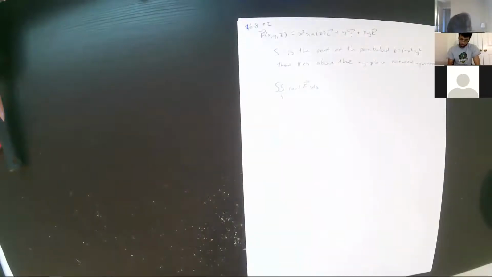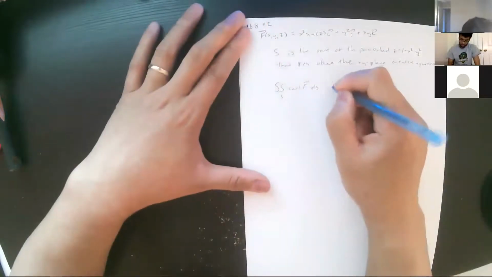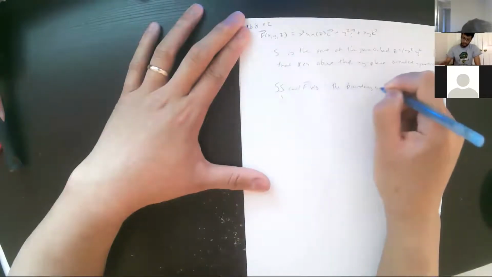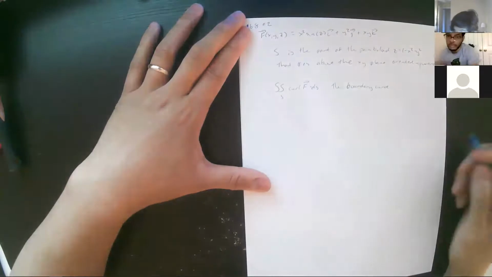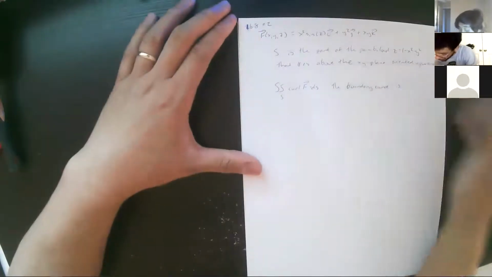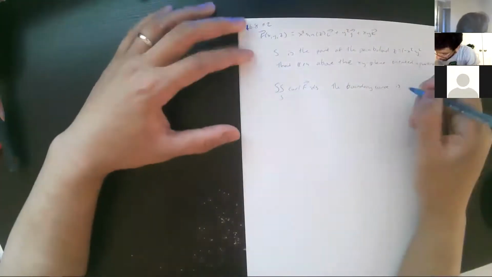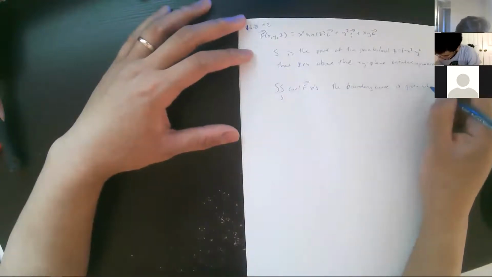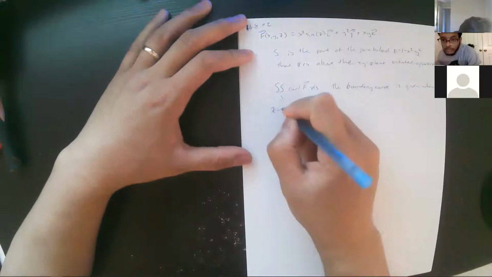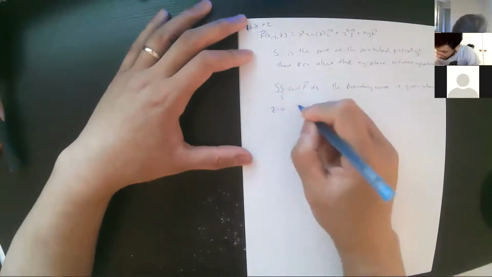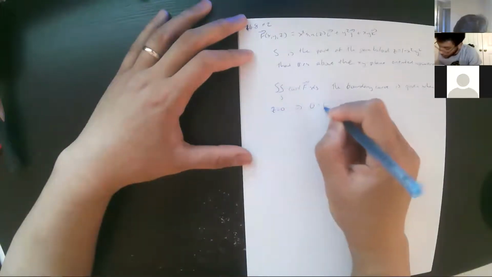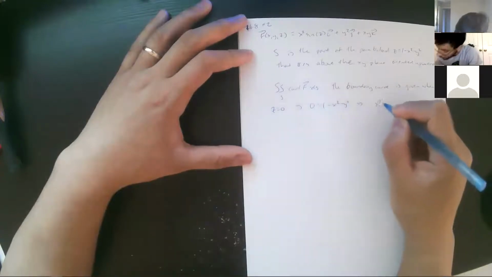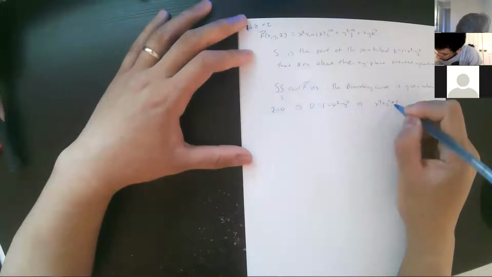So the boundary curve is given when z equals 0. That is 0 equals 1 minus x squared minus y squared. So the boundary curve is x squared plus y squared equals 1.